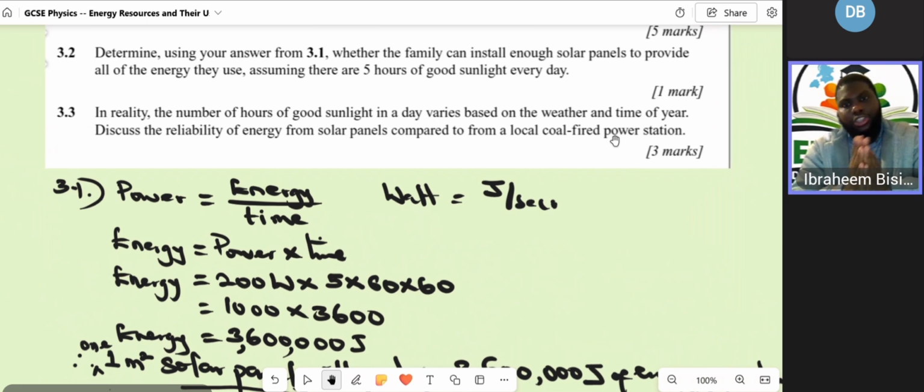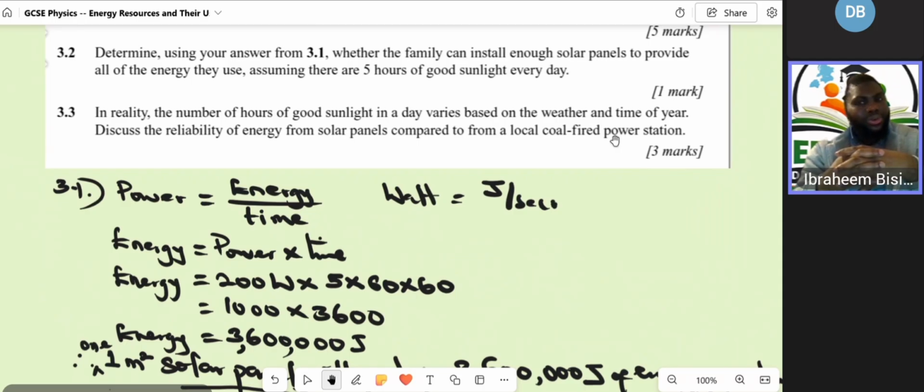But in a situation where the supply of sunlight is not steady, or where the energy need of the family increases beyond the given amounts, then the solar energy will not be a reliable source of energy as compared to the coal-fired power station, because regardless of the energy need of the family, the coal-fired power station can be used to produce electricity at any time.